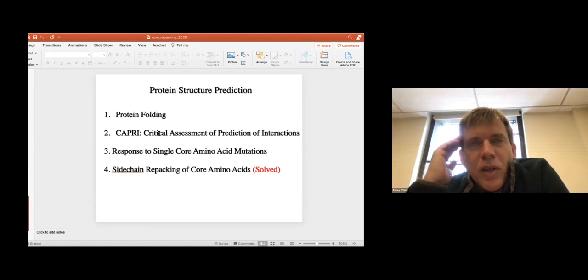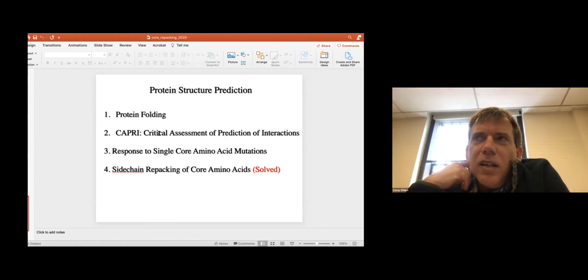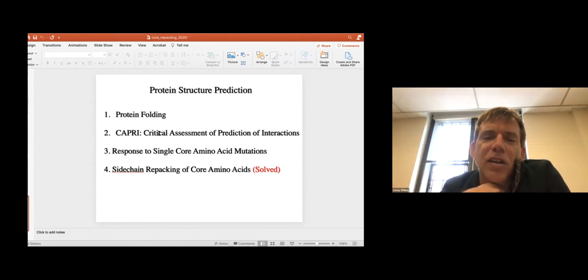So for example, you have a wild type protein, then you make a mutation to a core amino acid. Can you predict the conformation of the mutated residue, and does that mutation disrupt structure nearby, or even cause larger scale structure changes like destabilizing the protein?